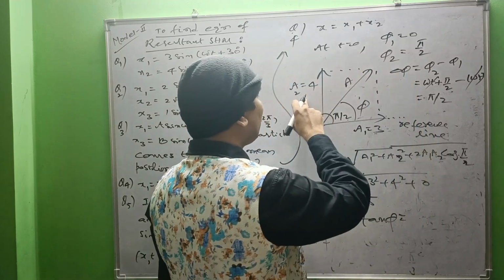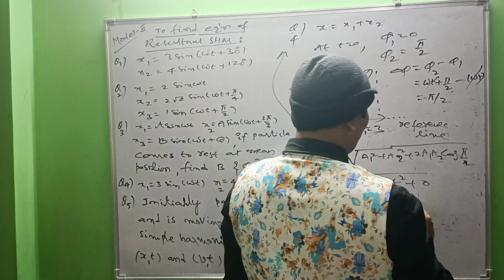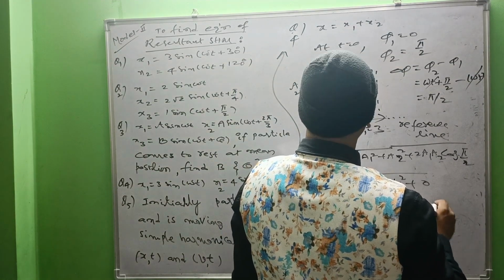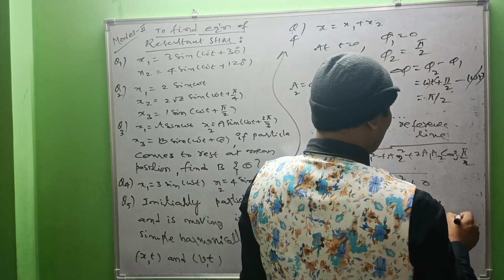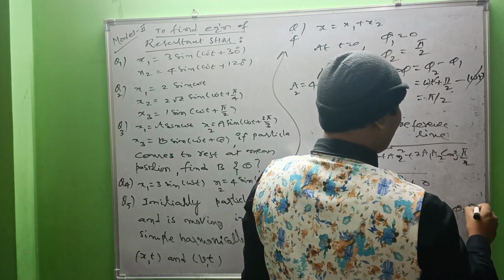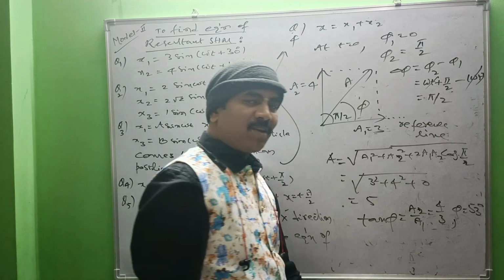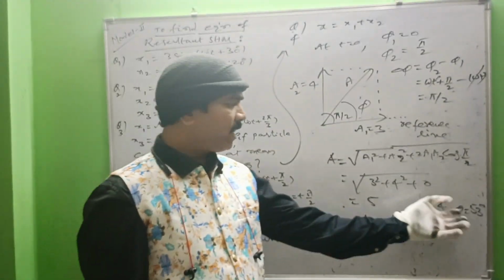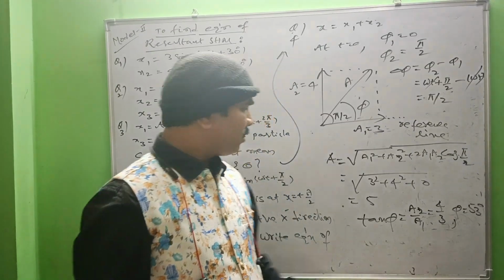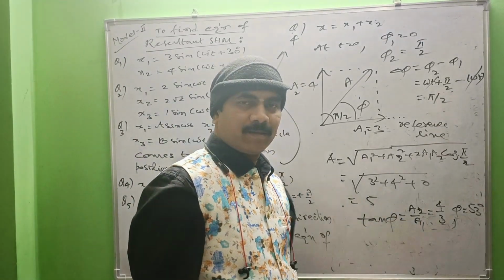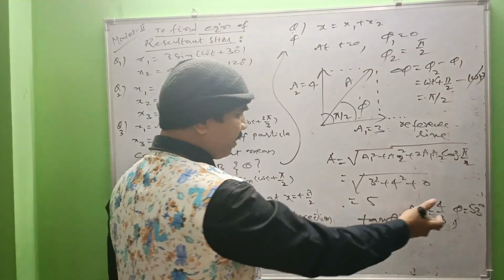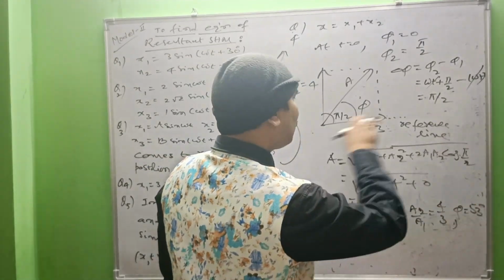Opposite is A2, adjacent is A1, so A2 by A1, that is 4 by 3. Phi equal tan inverse 4 by 3, which implies phi equal to 53 degrees, right?